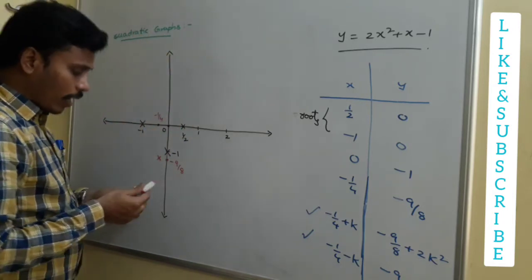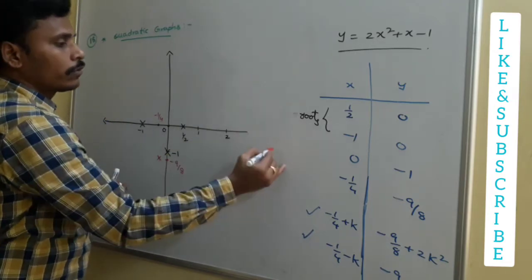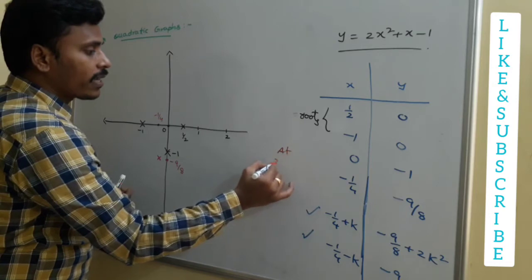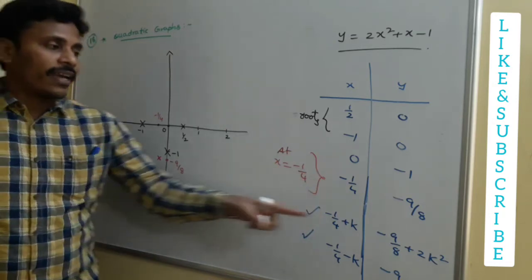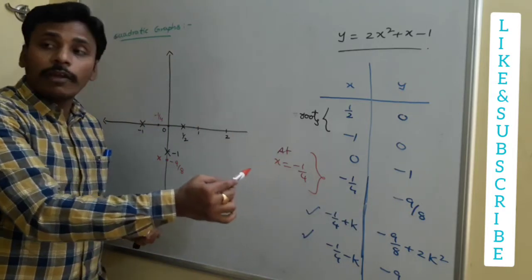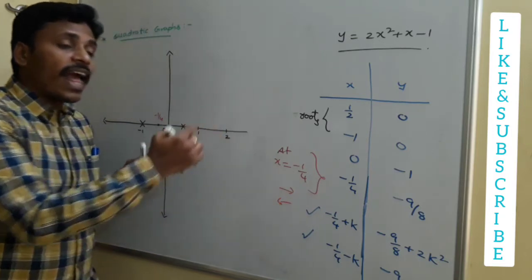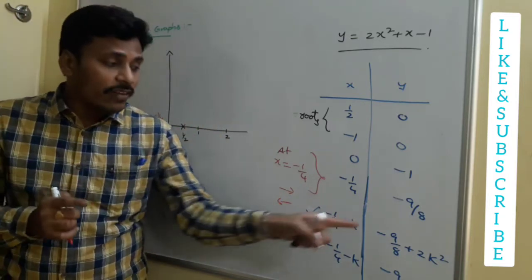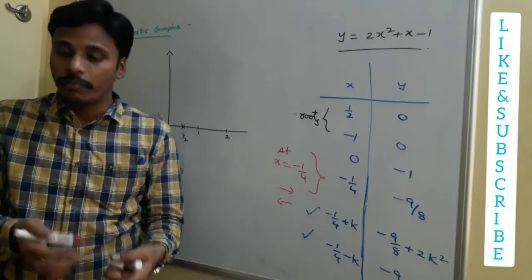At x equals minus 1 by 4, as per our discussion, the graph has a minimum value. And from minus 1 by 4, if you move rightward or leftward, the graph looks the same, because the values are the same, which means the graphical behavior is the same.